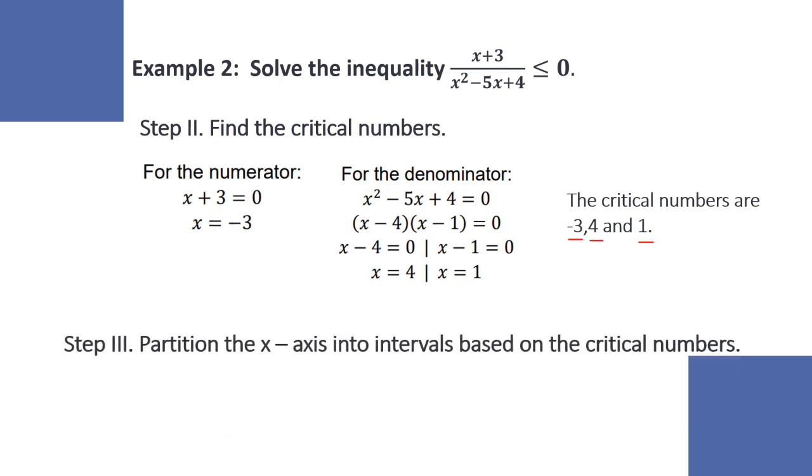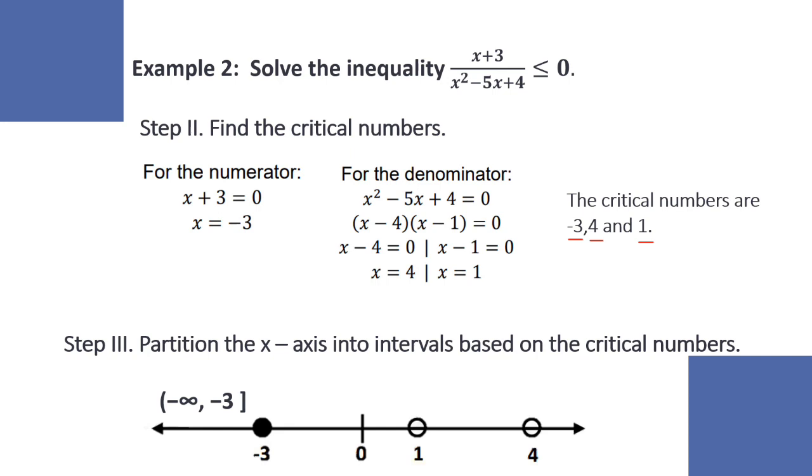Step 3. Partition the x-axis into intervals based on the critical numbers. Negative 3 is here, 1 is here, and 4 is here. Why is negative 3 shaded?